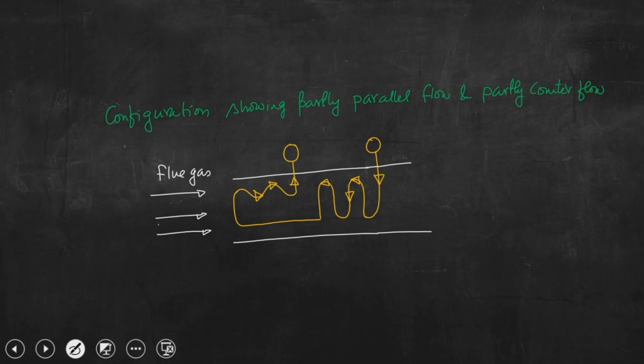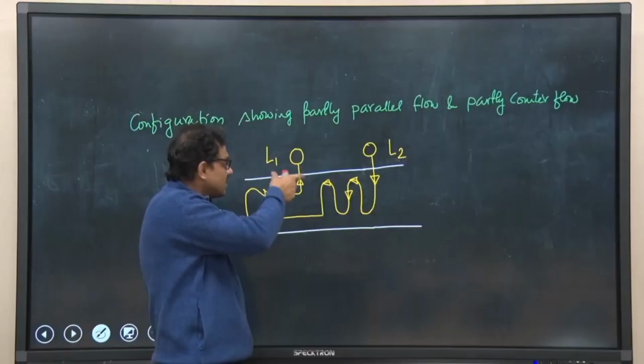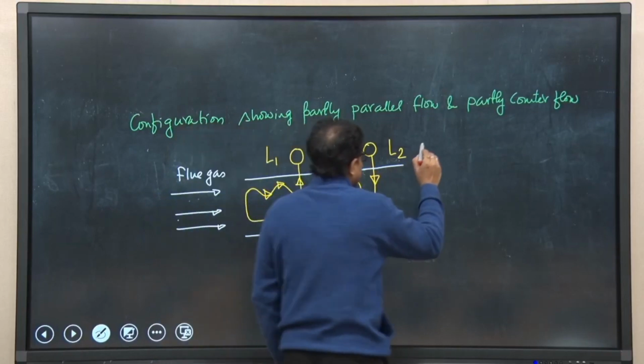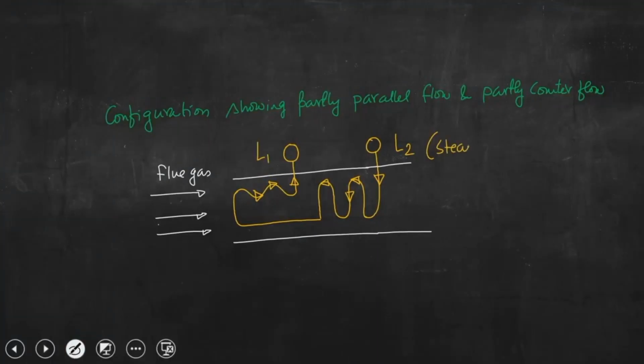So, this is L2 and this is L1. So, what we can see that this particular coil is suspended from the roof of the boiler. So, this is inlet, steam in, and that is steam out.